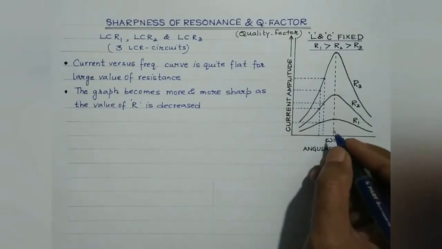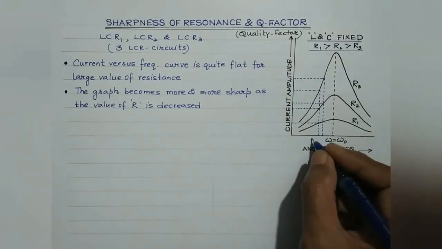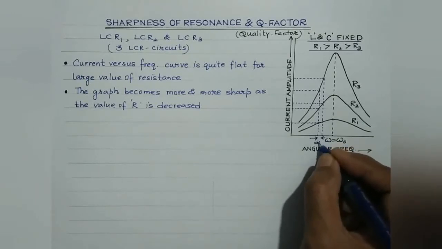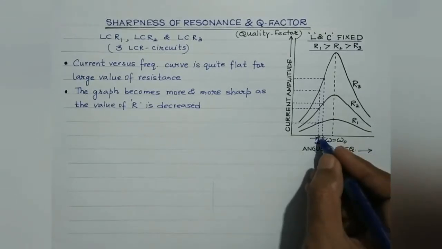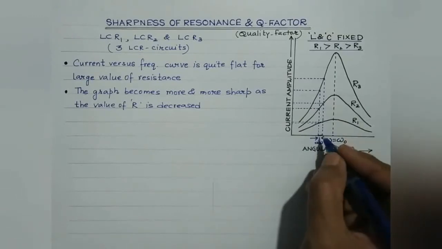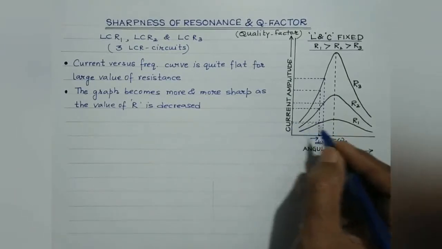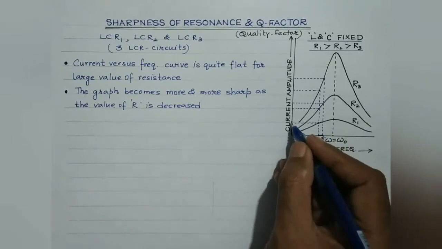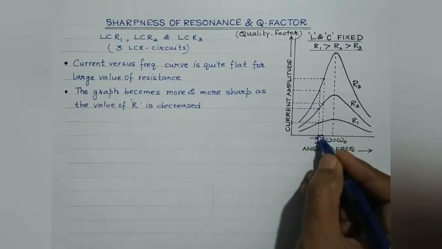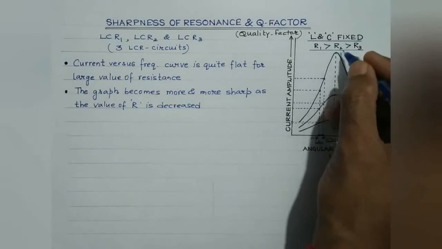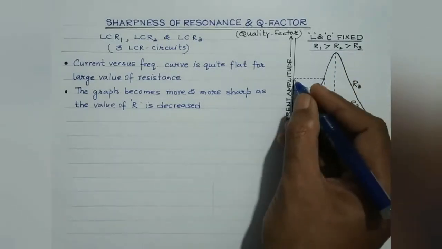What I mean to say is, students, suppose this is the small change in the frequency. Suppose this is d omega, right? Corresponding to this small change in the frequency, the corresponding change in the current for the LCR circuit having high value of resistance is very low. While corresponding to the same small change in the angular frequency, the corresponding change in the current flowing in the LCR circuit having less value of resistance is quite large.